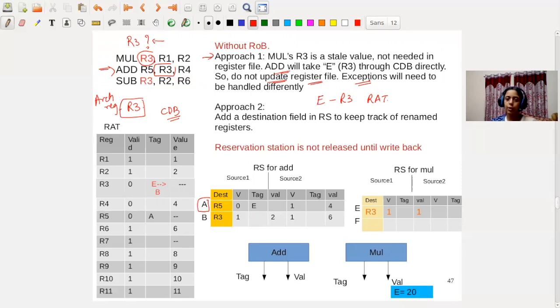That's the first approach. Of course, there will be exceptions, and how you handle them is a different question. I have not covered exceptions here, but I can briefly tell that exceptions happen either through hardware or software, and you can consider them as interrupts. When interrupts occur, you will need to note the value of the architectural registers.